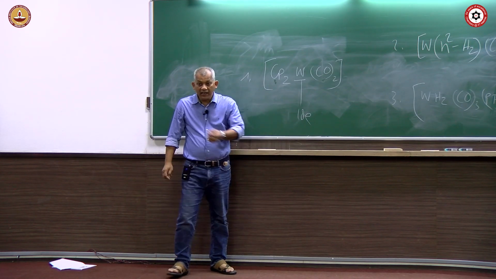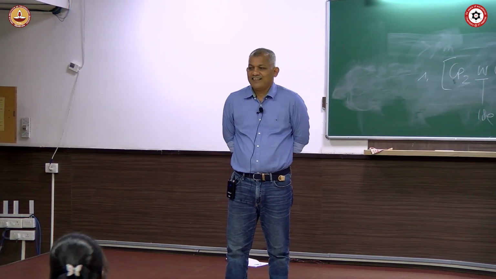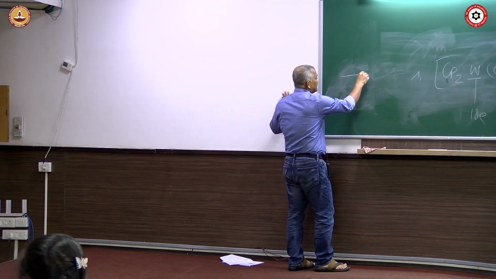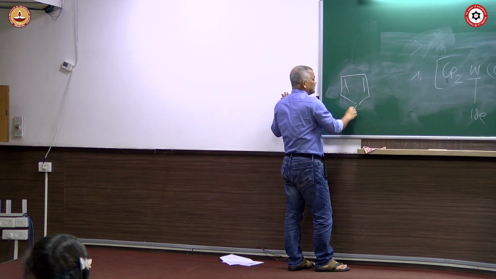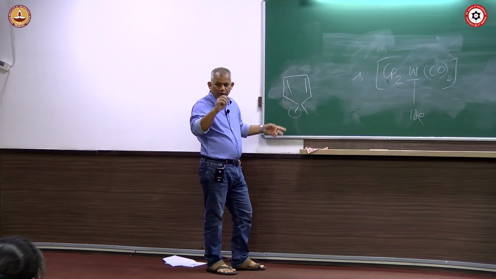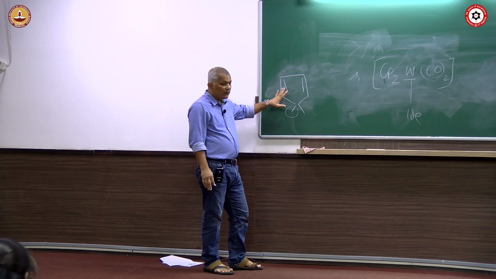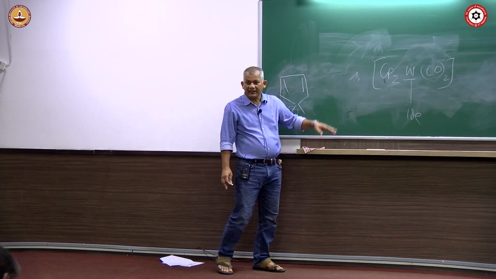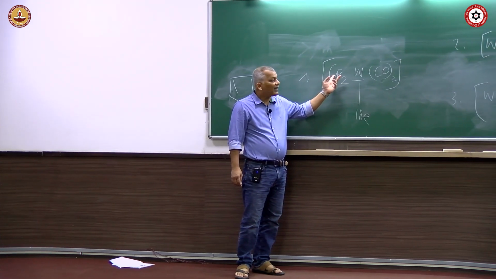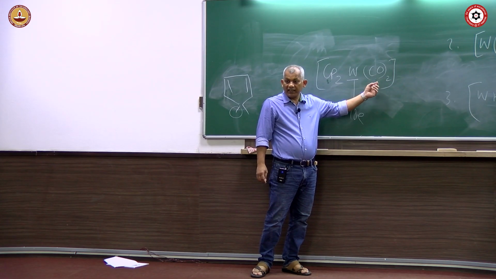If Cp, how many electrons does it give? 6. If you remove one hydrogen, you get Cp minus, and when you coordinate with the metal, it will be 5 electrons. Cp minus is 6 electrons, but when it is Cp, it gives 5 electrons to the metal. So you have 2 Cp, 10 electrons, plus tungsten 6 plus 4, so 20 electrons.